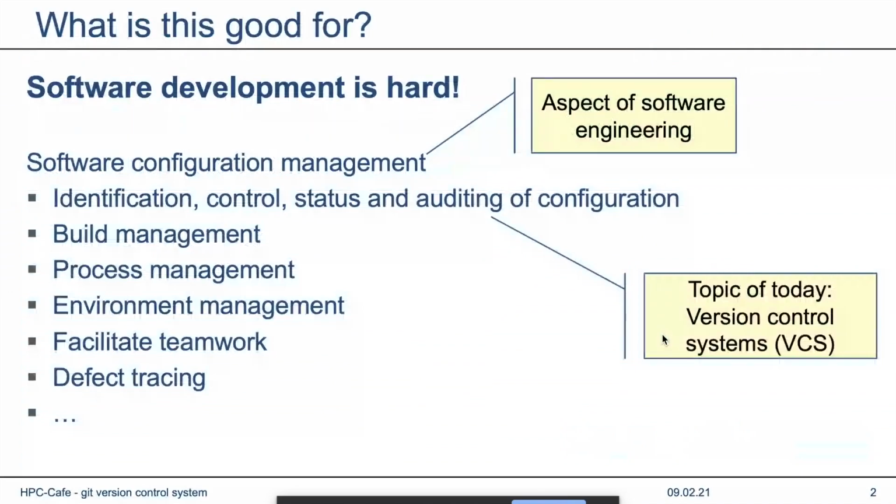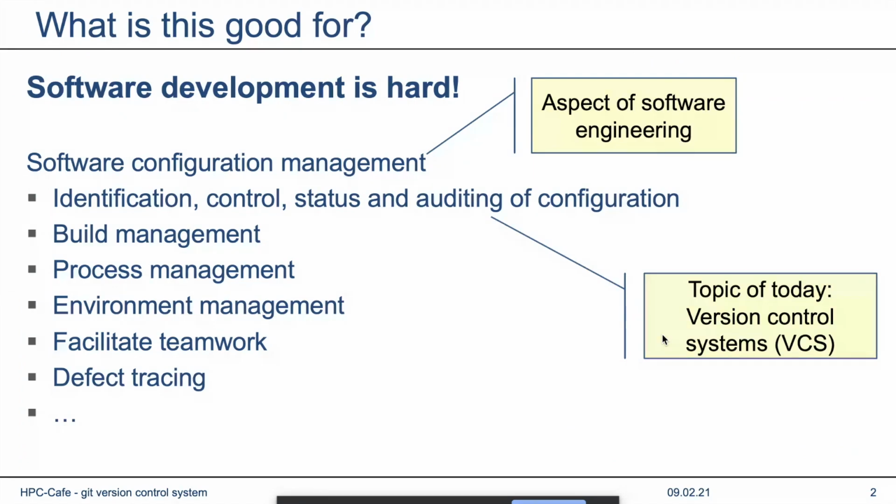So the first question that arises is, well, what is this good for? Why do I need a version control system? The reason is that software development is inherently hard. You have to keep control of a lot of things, and it's messy for a lot of people. They experience this as a very insecure and hazardous undertaking.